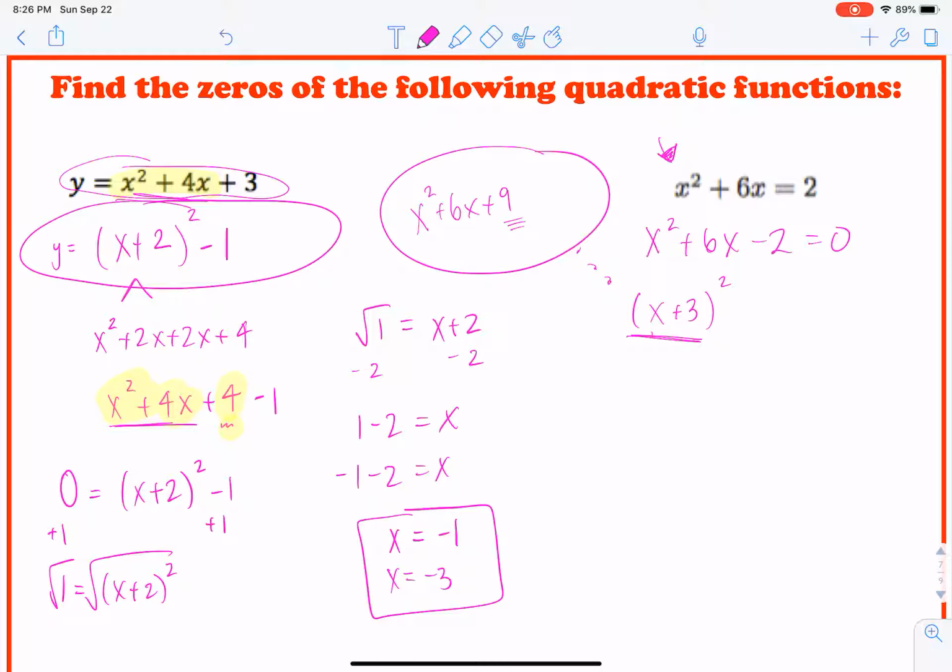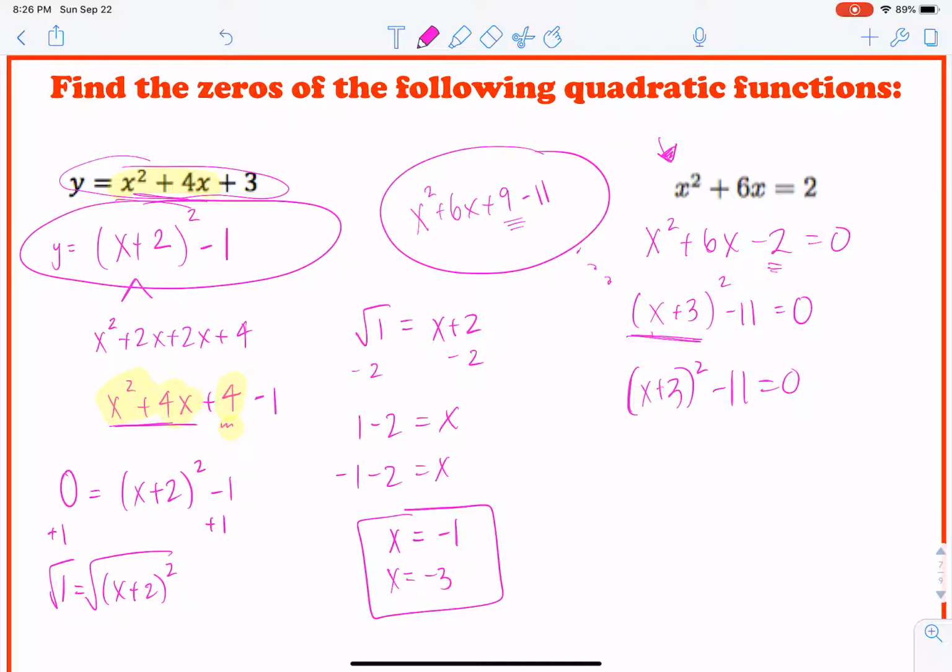But this 9 is a little bit different than this negative 2. So what would I have to do to 9 in order to get all the way down to negative 2? So here I could subtract 11, and here I could also subtract 11. So now I have my completed square. So x plus 3 squared minus 11 is equal to 0.